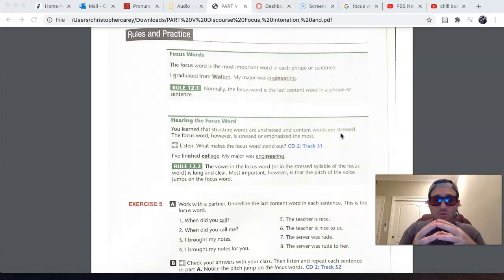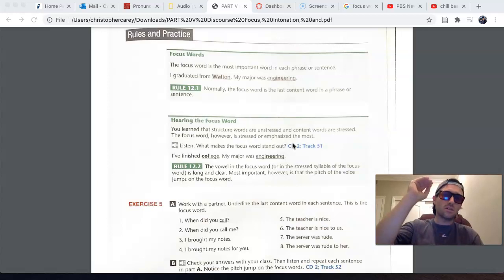Within those content words, you have a focus word, which we consider to be the most important word. For that reason, it is stressed or emphasized the most. You can hear it more clearly. It is pronounced with a higher pitch than any other word in the sentence.